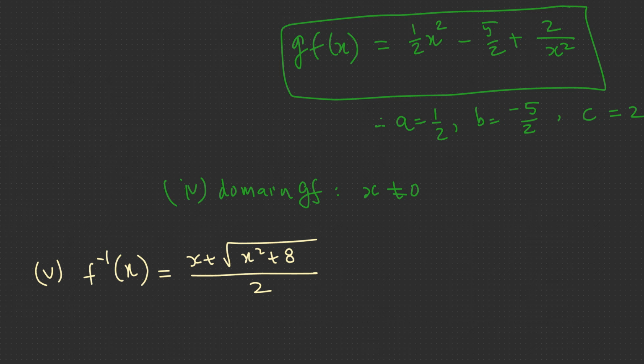So let me write it down. And we are given f(x) is equal to (x squared minus 2) over x.